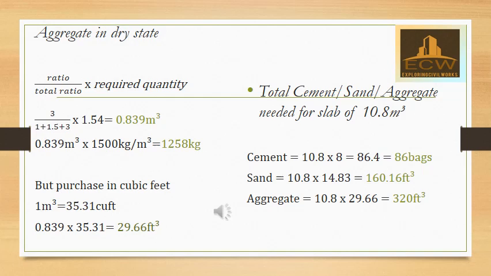With aggregate, we multiply 10.8 by 29.66, giving us 320 cubic feet of aggregate we have to purchase from the market. So these are our answers. These are the quantities of materials we have to purchase from the market in order to cast a concrete of 10.8 cubic meters.